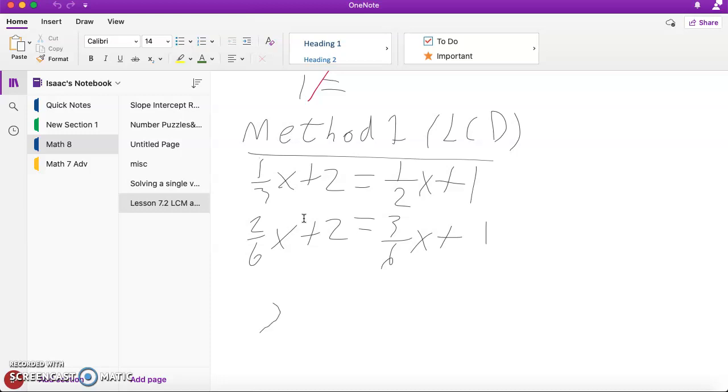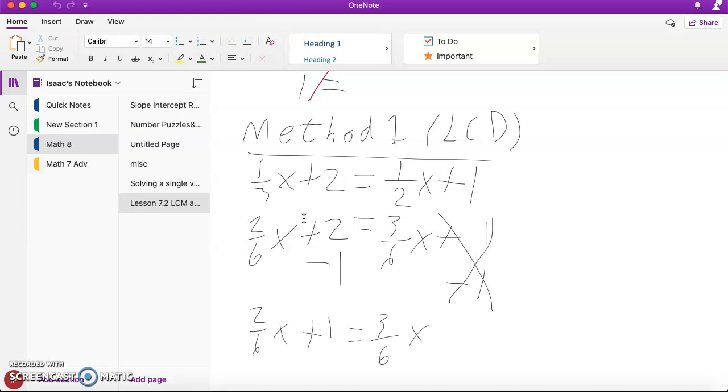Now let's see if I can do what I would usually do from this point. Alright, so I'll subtract 1 from both sides to get rid of this 1 that's being added. So now I've got 2/6 x plus 1 equals 3/6 x by itself.